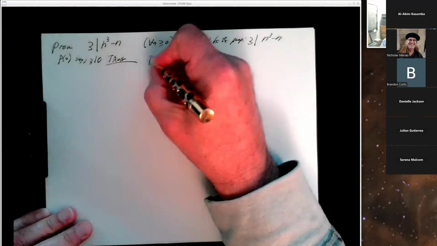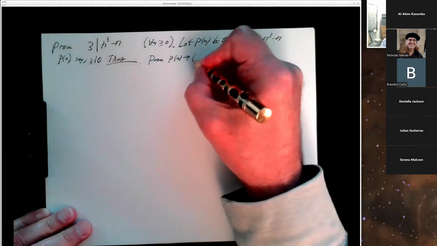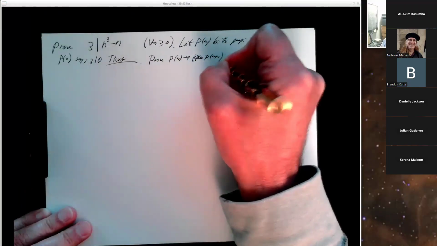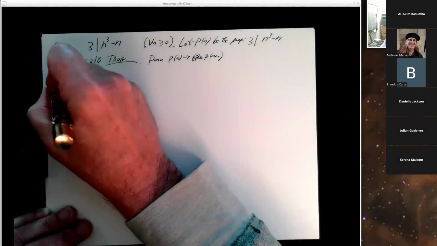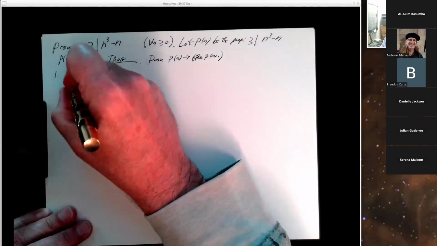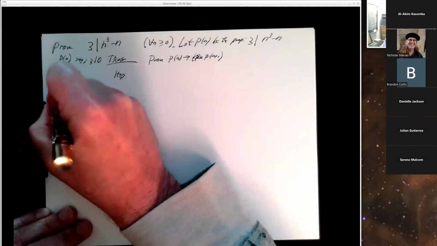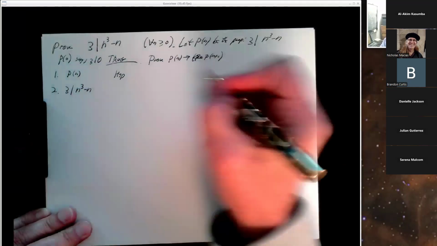So now we just have to prove our inductive step. Prove P of n implies P of n plus 1. All right, step 1, P of n. That's the hypothesis. Step 2, 3 divides n cubed minus n.